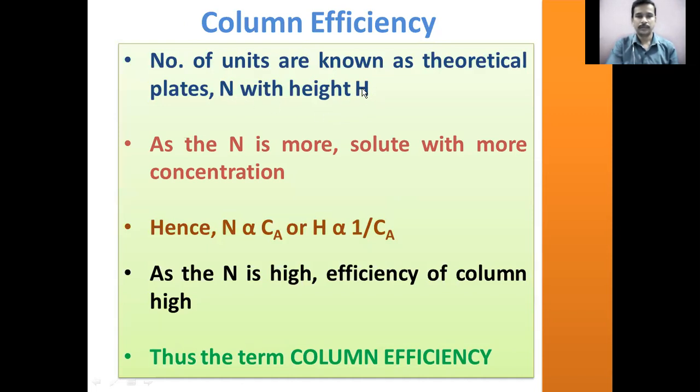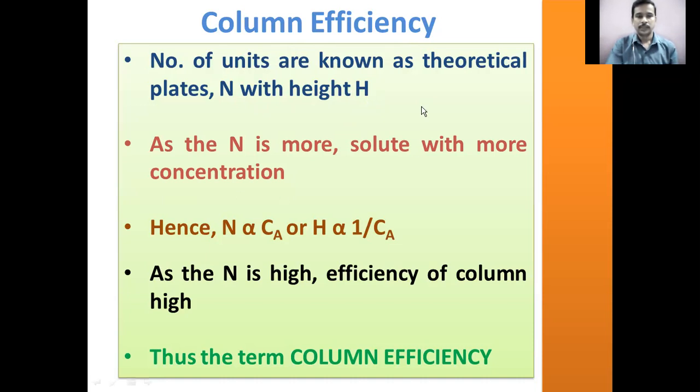Height of a theoretical plate is also known as height equivalent per theoretical plate, HETP. So height equivalent per theoretical plate is also the name which is used to express the height of an individual theoretical plate. So column efficiency is expressed by using the number of theoretical plates and height equivalent per theoretical plate.